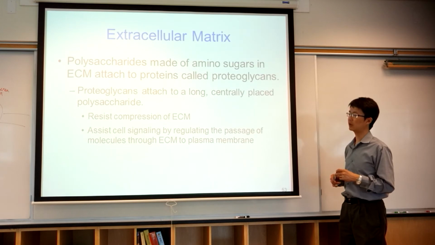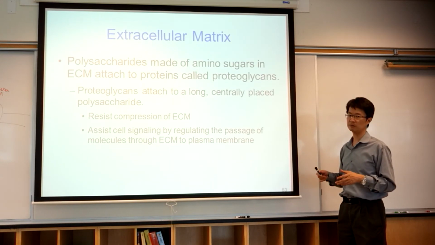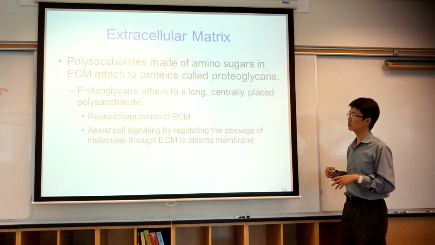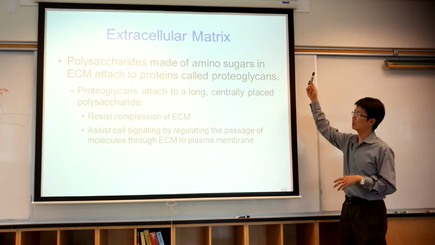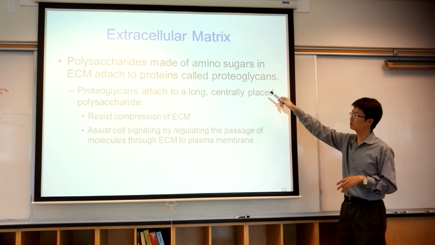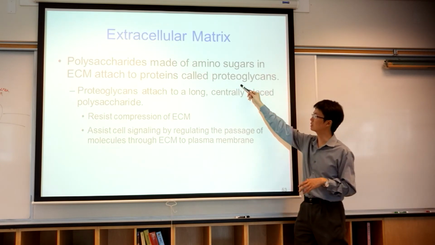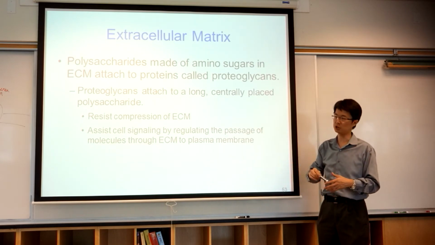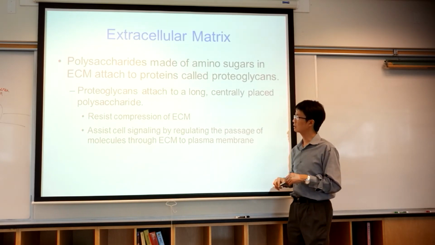So polysaccharide, you have learned this. Polysaccharide is like a lot of glucose joined together, and then you can also attach an amino group attached to a protein. Then we call it proteoglycan. Proteo means protein. Glycan means a lot of glucose joined together. It's like glycogen.